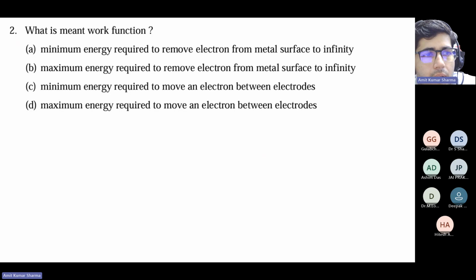What is meant by work function? We have just covered a type of sensor which includes the work function.